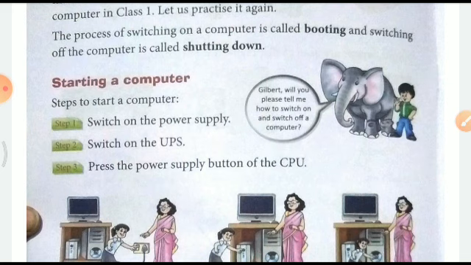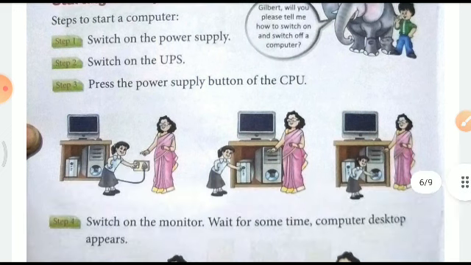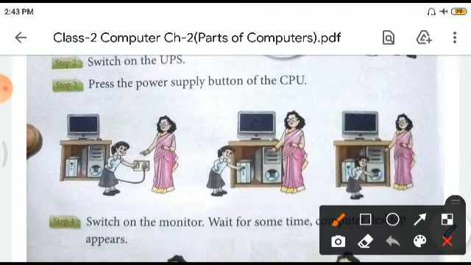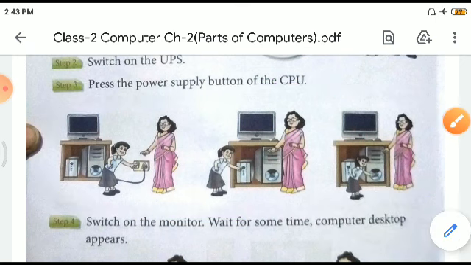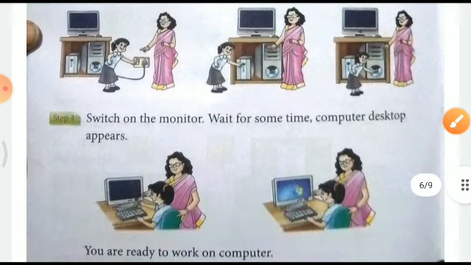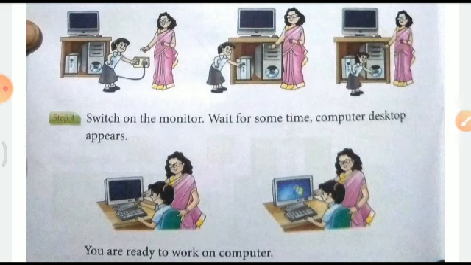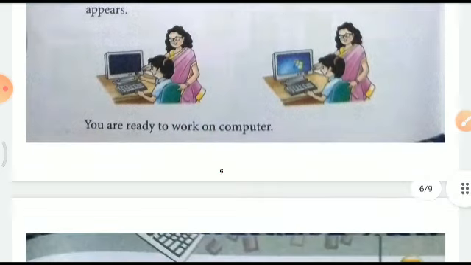Now again Gilbert and Chintu are talking. Gilbert, will you please tell me how to switch on and switch off a computer? Now see here in these pictures, this process has been explained: first of all we switch on the power supply, then we switch on the UPS, and then we switch on the computer. And then switch on the monitor, wait for some time, and the computer display, the desktop, will appear.